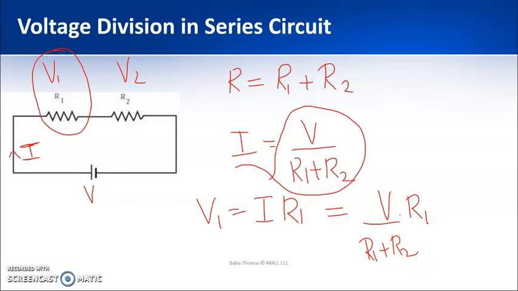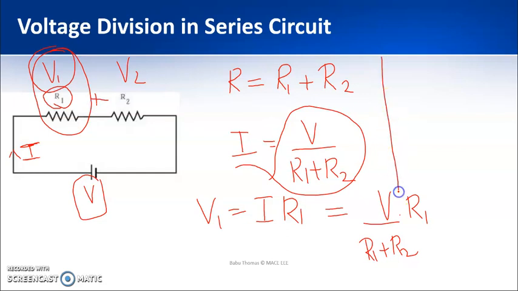So effectively, the voltage drop V1 across the resistance R1 is nothing but the total voltage V into that respective resistance R1 divided by the sum of the resistances R1 and R2.